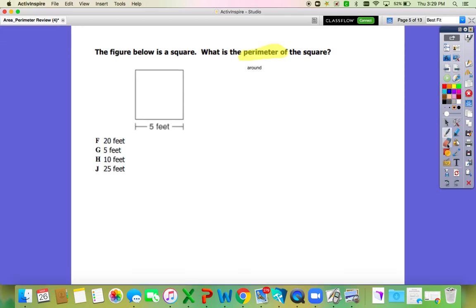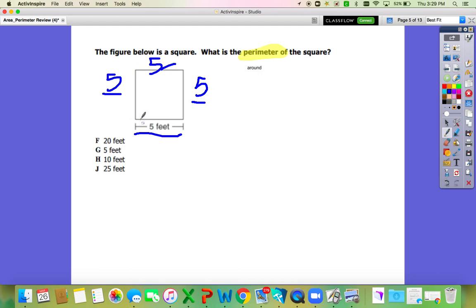Well, they've only given me one number, that this is 5 feet. How could I figure out these other numbers? Well, guys, if they give you 5 and it's only one number, they are telling you that everything around the square is 5. All sides are equal.